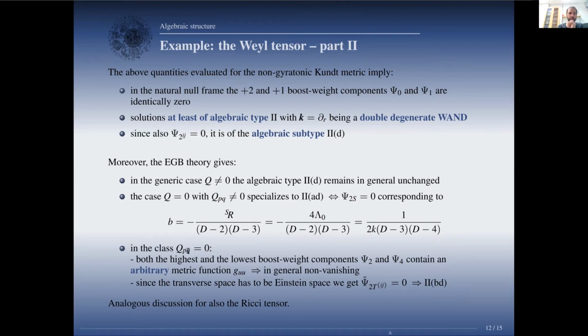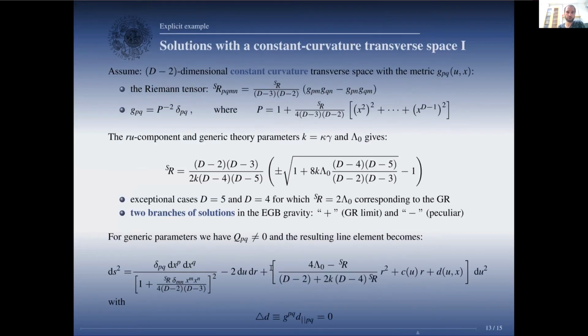And in the third case, in general, it's again type II because both the lowest and highest boost weights, Psi_2 and Psi_4, contain this arbitrary metric function g_uu, which is in this case unspecified. So we will again deal with type II. This classification was done also for the Ricci tensor, but again, it's not important here.